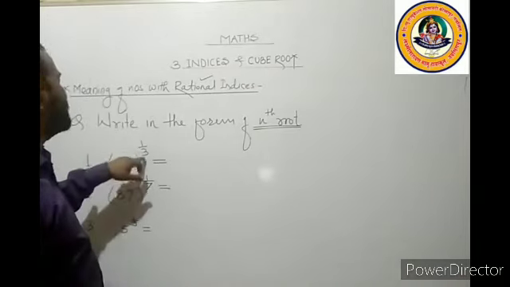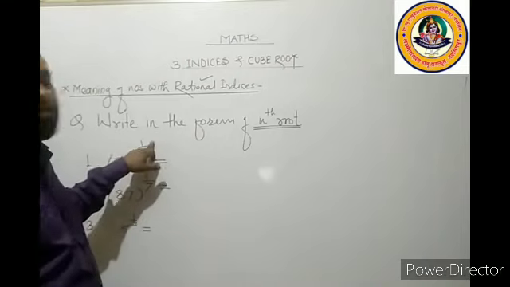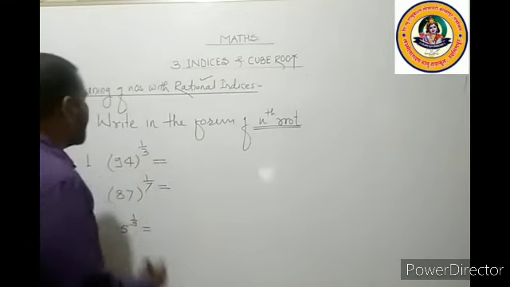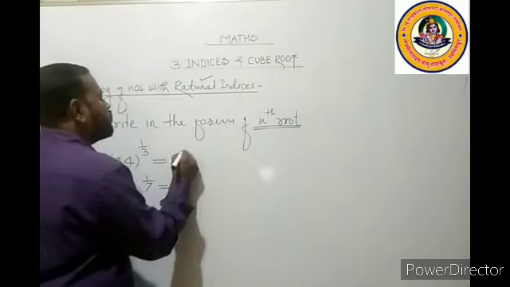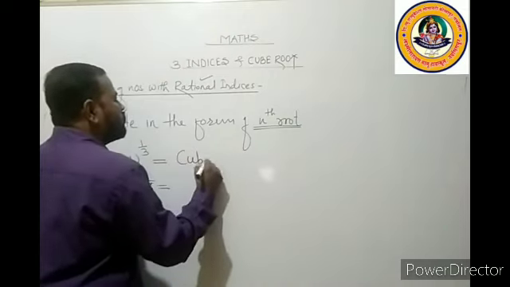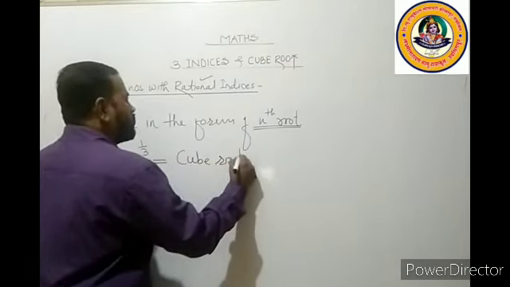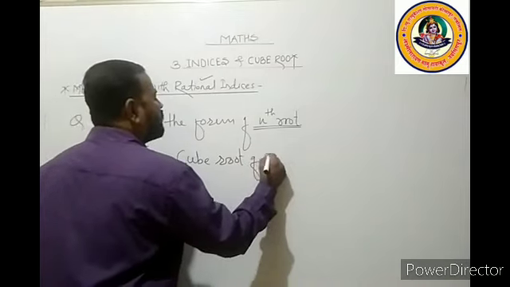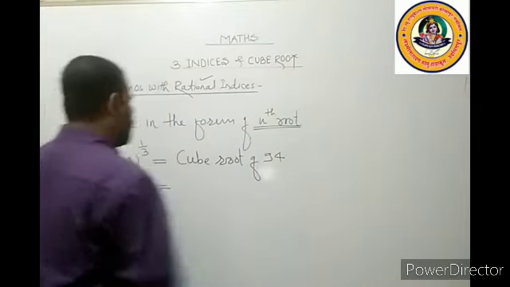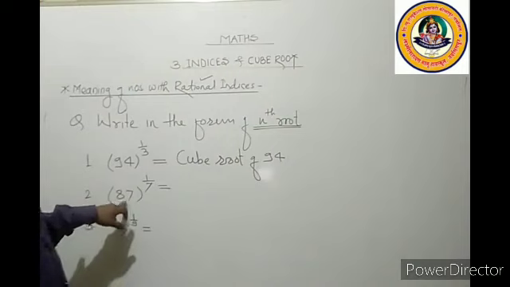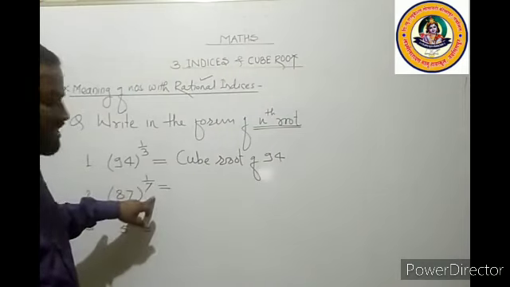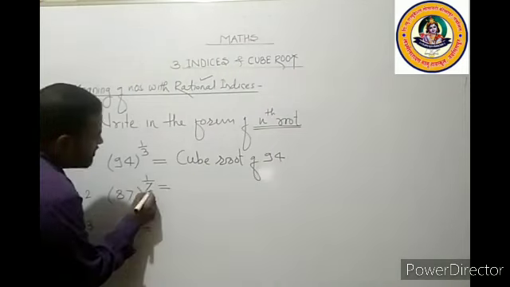94 raised to 1/3, that means it is a cube root of 94. We write cube root of 94. 87 raised to 1 by 7, that means it is a seventh root.